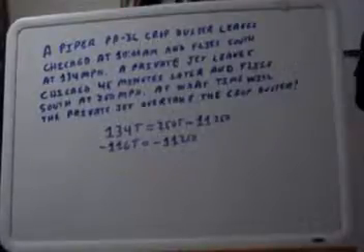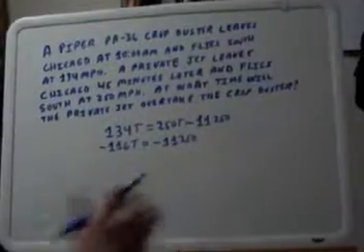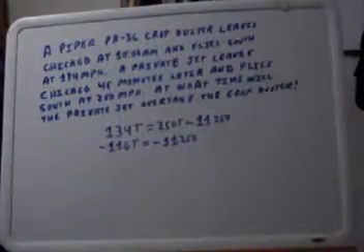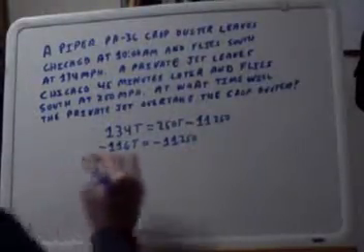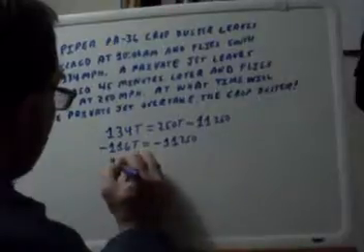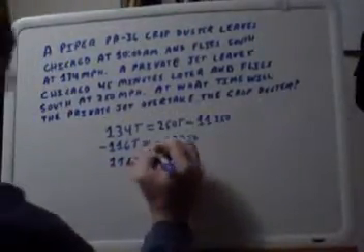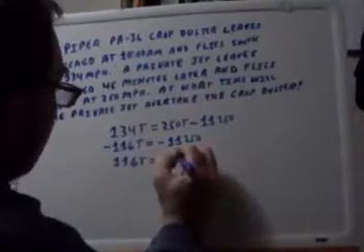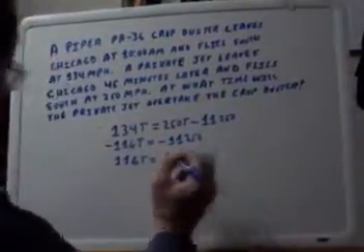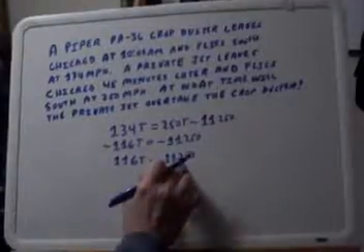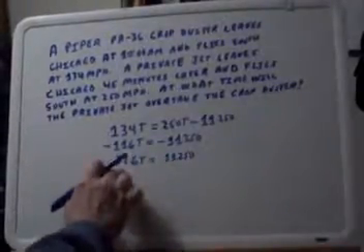Now we're going to multiply both sides of this equation by negative 1 because we can't have a negative value in this equation. So we now have 116t equaling 11250. Now we're going to divide 11250 by 116.